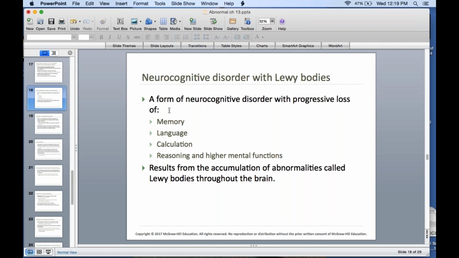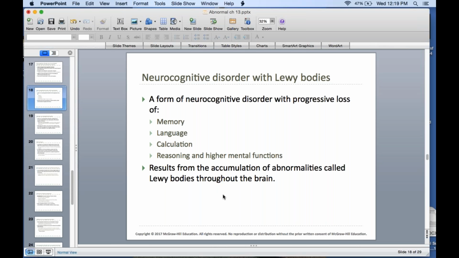You're going to see this progressive loss of memory, language, the ability for calculation, reasoning, and higher mental functions. It results from the accumulation of abnormalities called Lewy bodies throughout the brain. Some of you wrote on Robin Williams, and it's hard to know exactly what was going on with him.